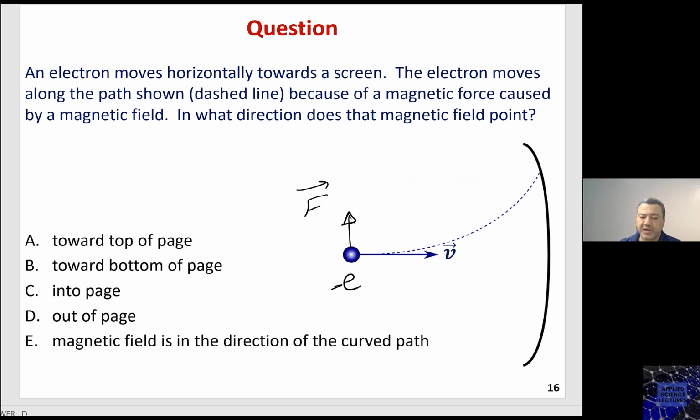If we use the left hand rule, where we point the index toward the velocity and the thumb toward the direction of the force, then we can see that the magnetic field is pointing out of the page. So the answer to this is D.